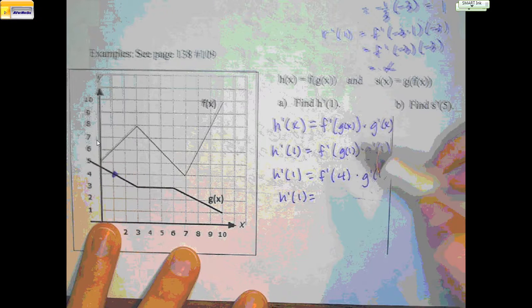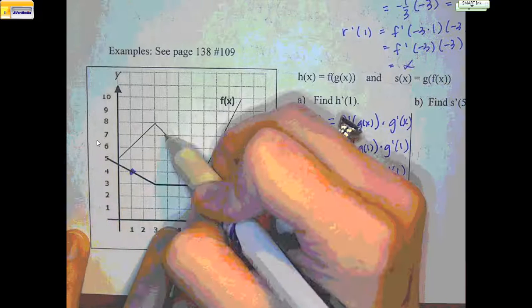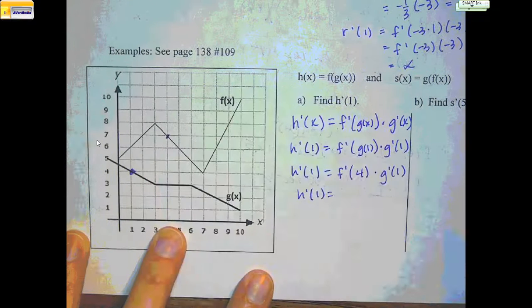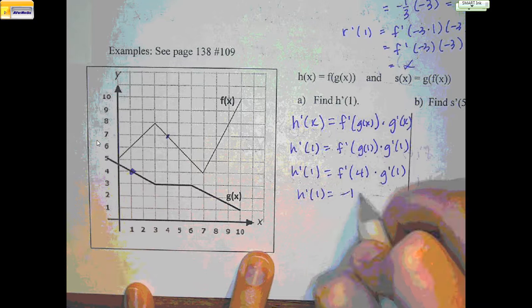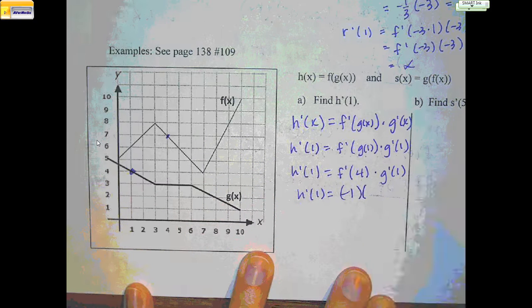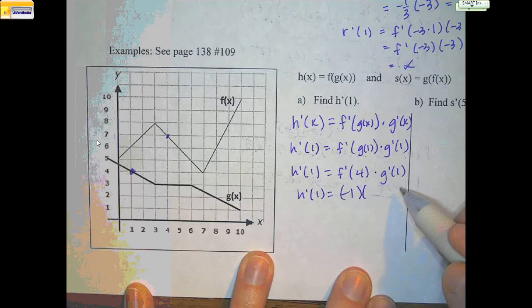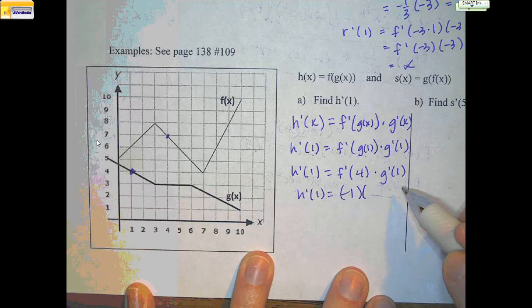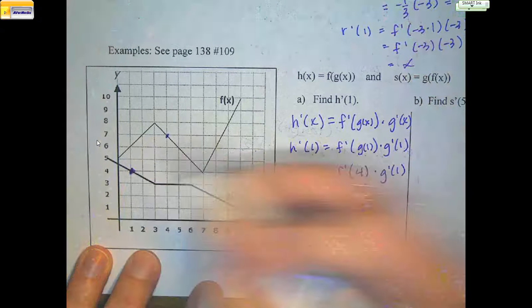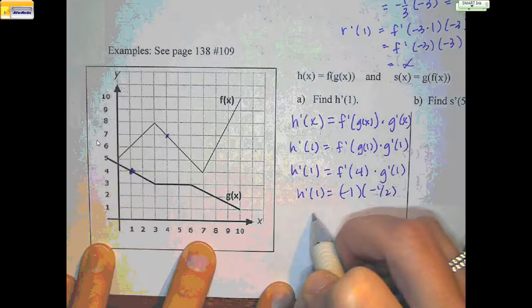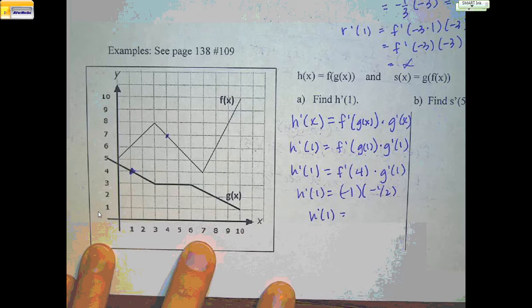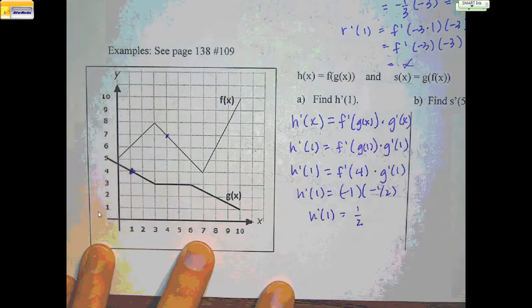So let's go to 4. Go to f of x right there. What is the slope? Negative 1. Rise over run. So we have negative 1 times the derivative, the slope, where g is 1. What's the slope right there? Negative 1/2. I heard it. So the derivative of h at 1 is positive 1/2. Anybody want to see that again?